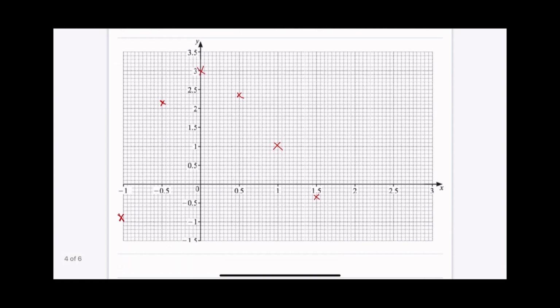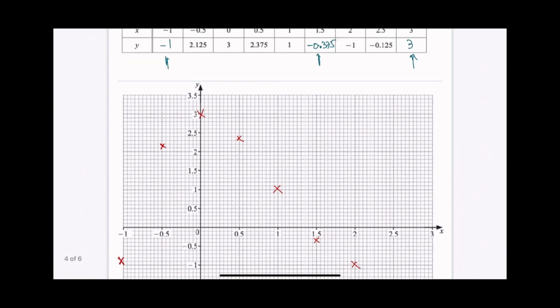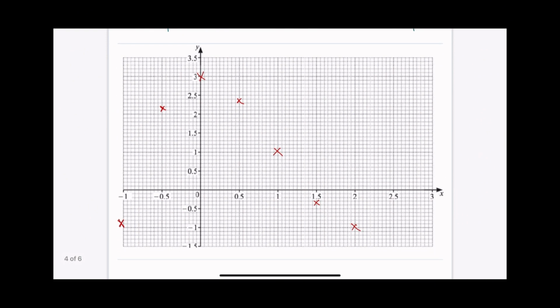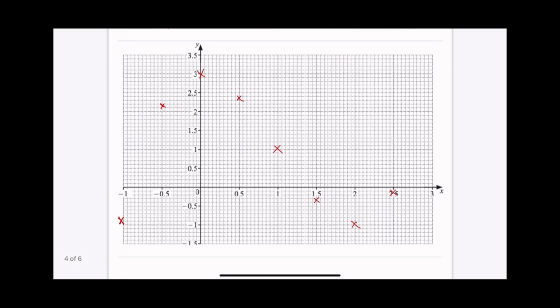At 2 it is negative 1. At 2.5 it's negative 1.125, somewhere here. And at 3 it's 3. Now I'll draw the graph.